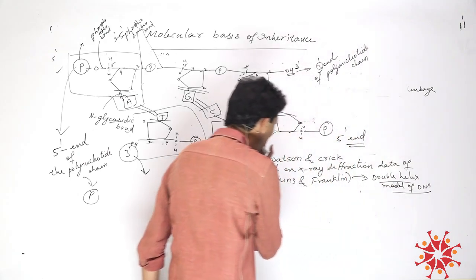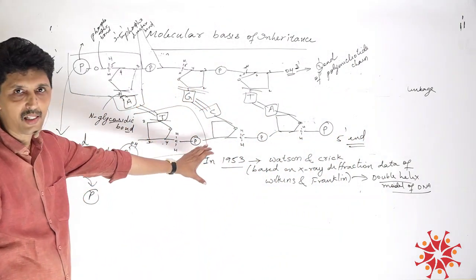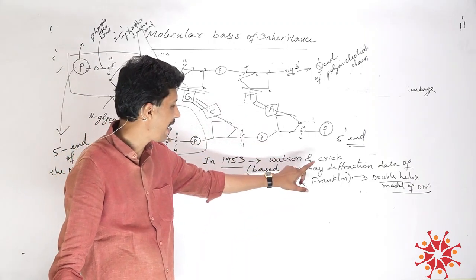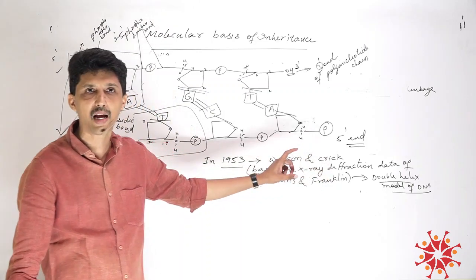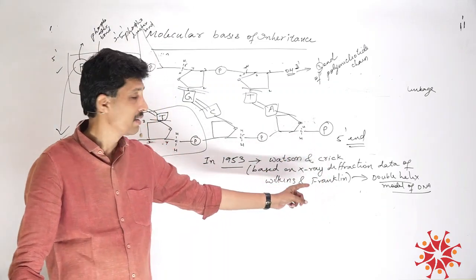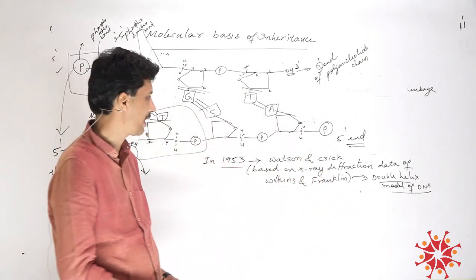So Watson and Crick in 1953, based on the X-ray diffraction data given by Wilkins and Franklin, gave this double helix model of DNA.